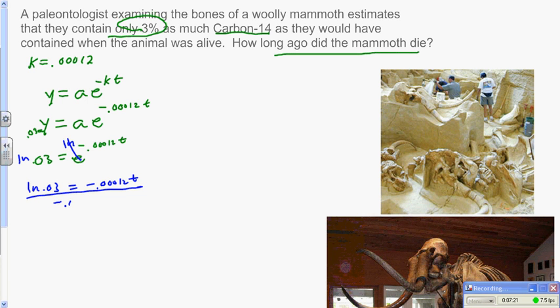Divide both sides by negative 0.00012, and t will give you ln 0.03 divided by negative 0.00012, which is about 29,221 years.